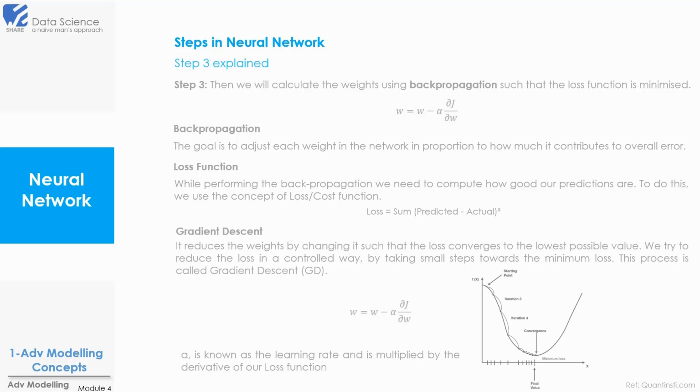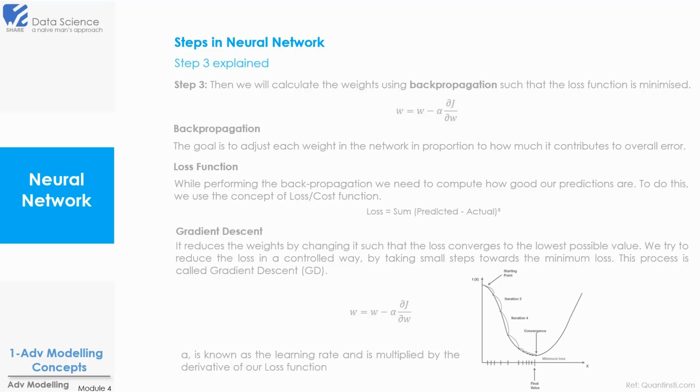So to optimize the loss function, we use another algorithm called the gradient descent algorithm. Gradient descent reduces the weights by changing them such that the loss converges to the lowest possible value. So we try to reduce the loss in a controlled way. We take small steps towards the minimum loss. This process is called gradient descent.